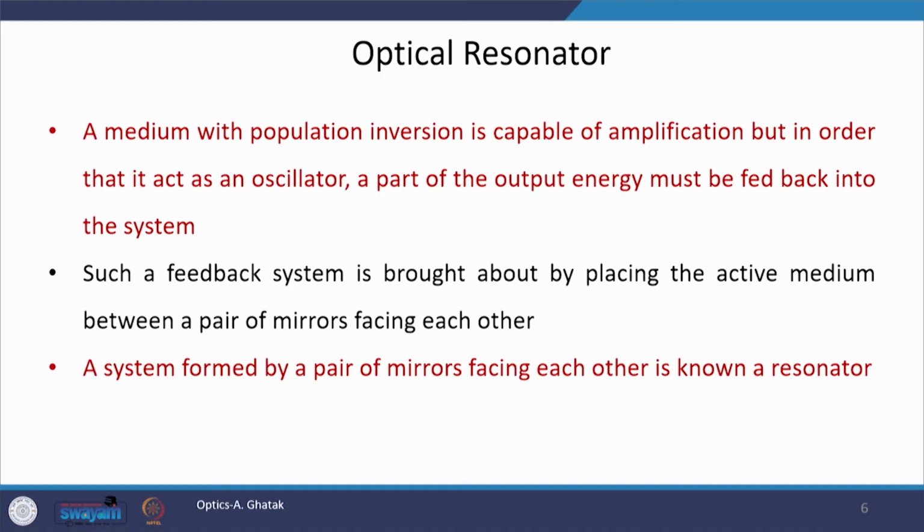Such a feedback system is brought about by placing the active medium between a pair of mirrors facing each other, or the active medium must be kept inside a cavity. The only role of a cavity is to provide feedback. A system formed by a pair of mirrors facing each other is known as a resonator. This is the simplest example of a resonator, and there are different kinds of resonators. The simplest one is shown here.